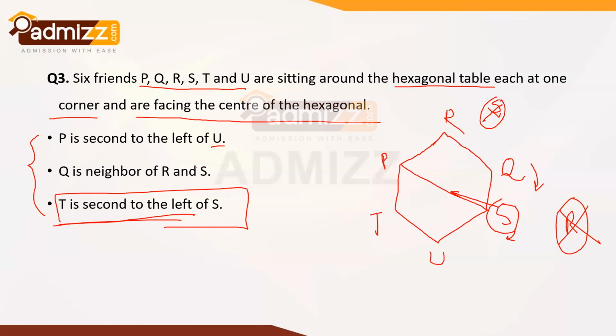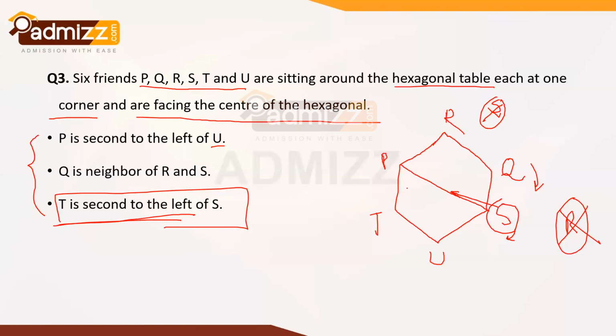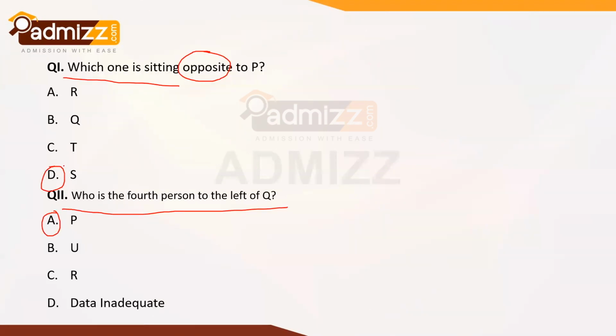Now with this done, the first problem asks which one is sitting opposite to P. Opposite to P in this case is S, which is pretty obvious looking at the figure. So the correct answer is option D.